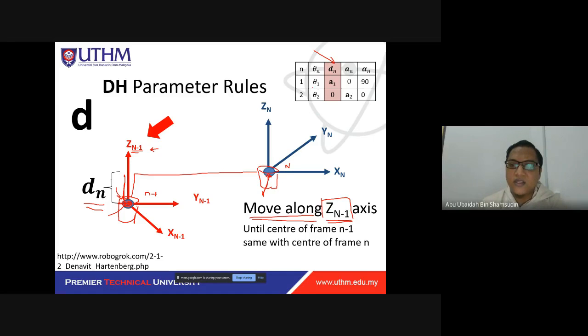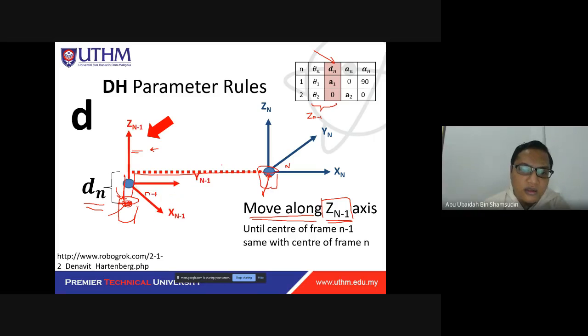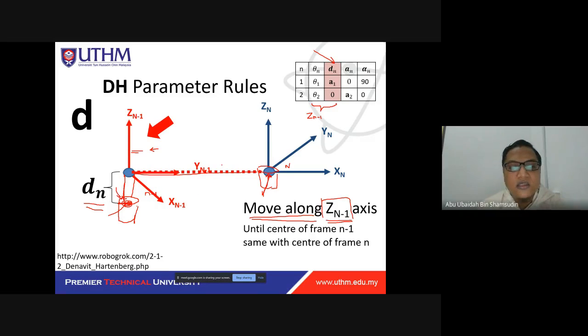So these two, you just need to move or rotate along Zn minus 1, and that movement of distance is D. So this value should be Dn.